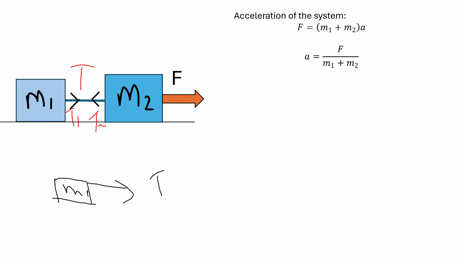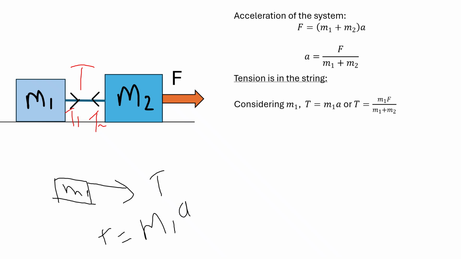So it pulls it with the same acceleration as the whole system. So from this, we can see that T, which is the force on M1, is equal to M1 times A, which we've already found. So based on that, we get T is equal to M1A, which is M1F over M1 plus M2.